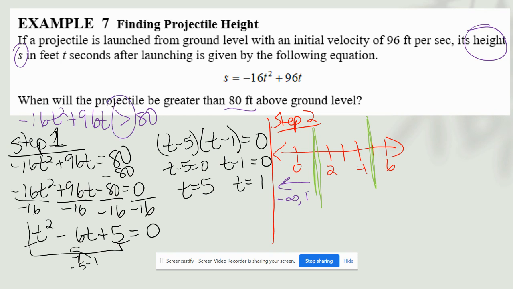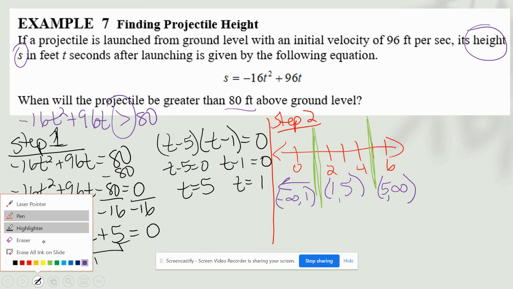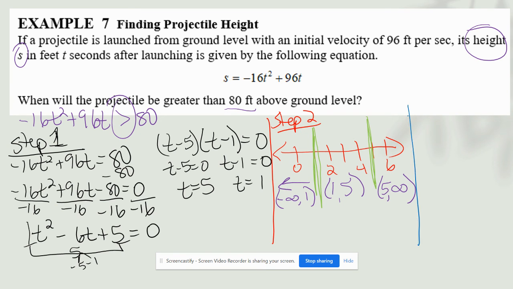This is not equal to, so it's parentheses. The middle, we have 1 to 5. And on the right side, we have 5 to infinity. So we want to now go to our third step, where we have our interval, our test value, and true false.